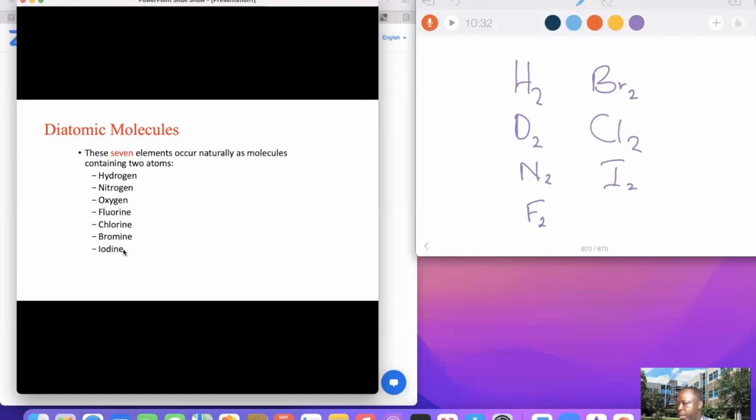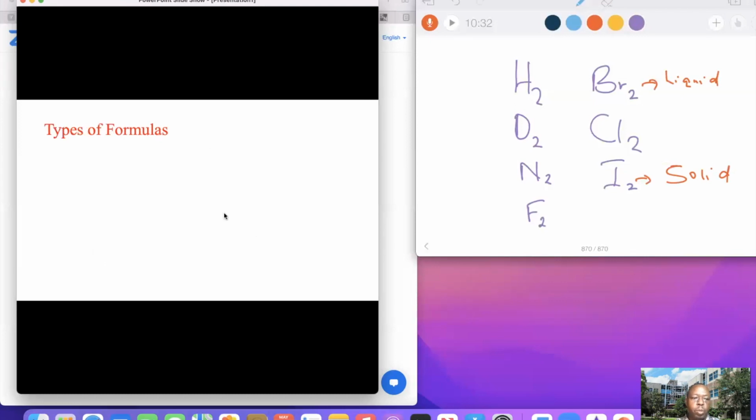Iodine, by the way, bromine is liquid at room temperature, a brown liquid, and iodine is solid at room temperature. However, they are diatomic. Down the line, you will be required to write a balanced chemical equation where hydrogen will be involved, and in nature you should write H2. If it is oxygen, it should be O2.